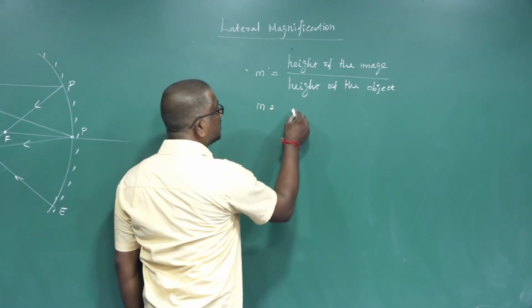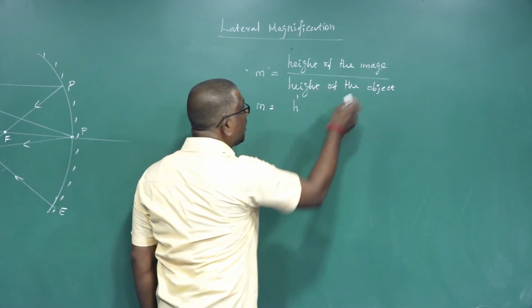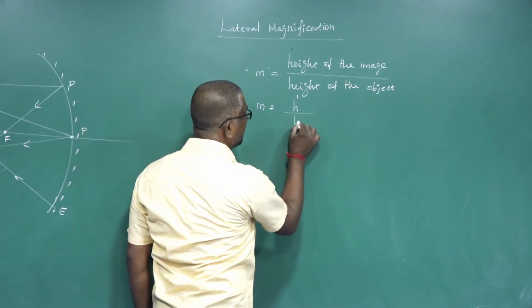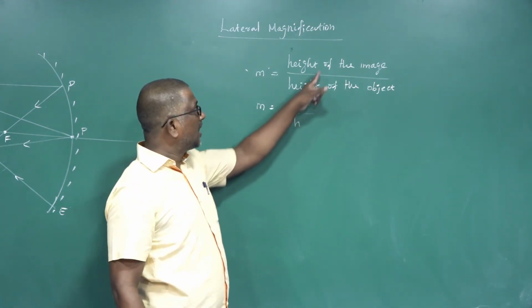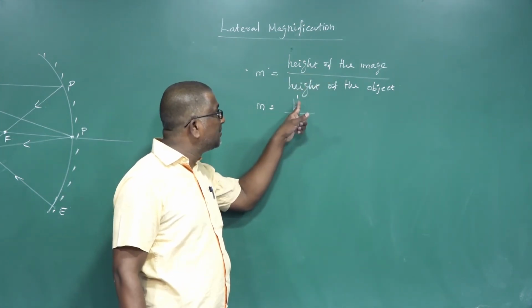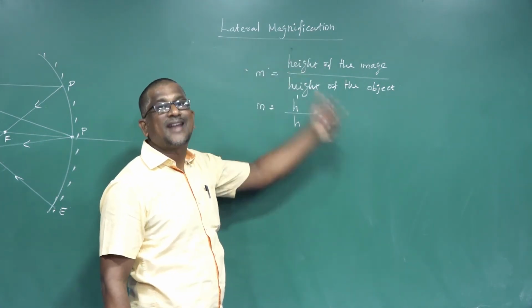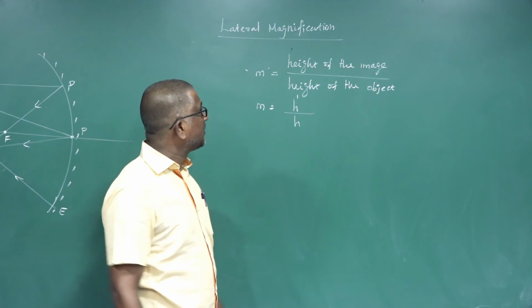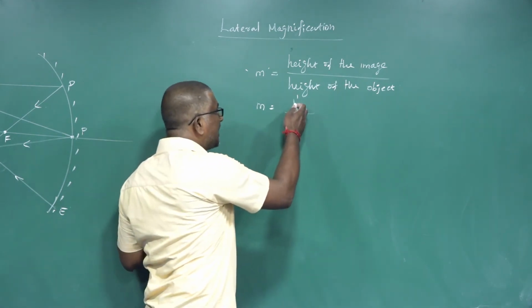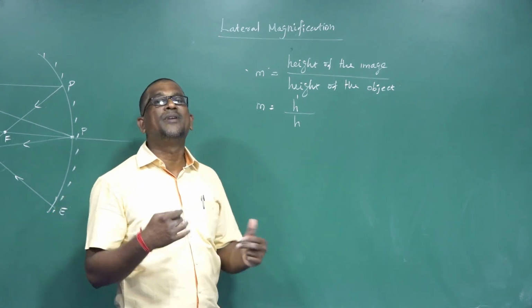The height of the image is represented by the letter h prime and the height of the object is represented by h. H prime is the height of the image, h is the height of the object. The ratio of the height of the image to the height of the object is known as lateral magnification or transverse magnification. Here the height of the image and the height of the object are always perpendicular to the principal axis.